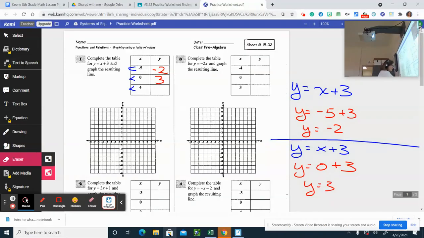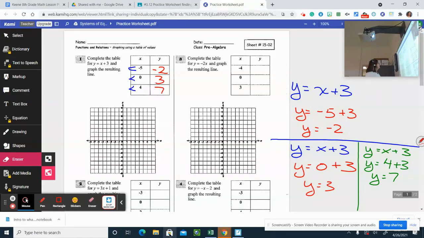And then I'm going to finish this off doing the last one right over here. So y equals x plus 3, and x is going to be equal to 4 this time. So y equals 7.